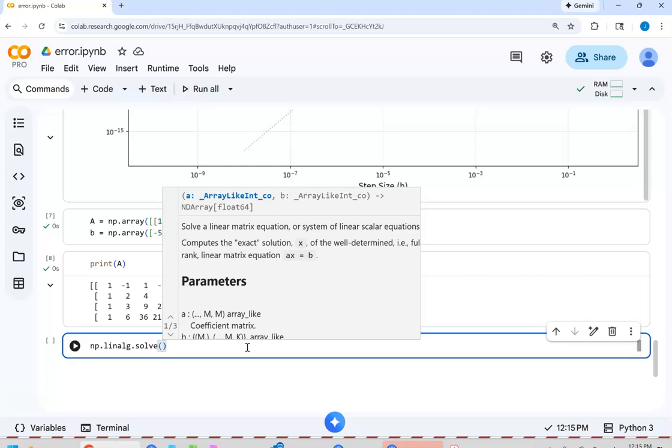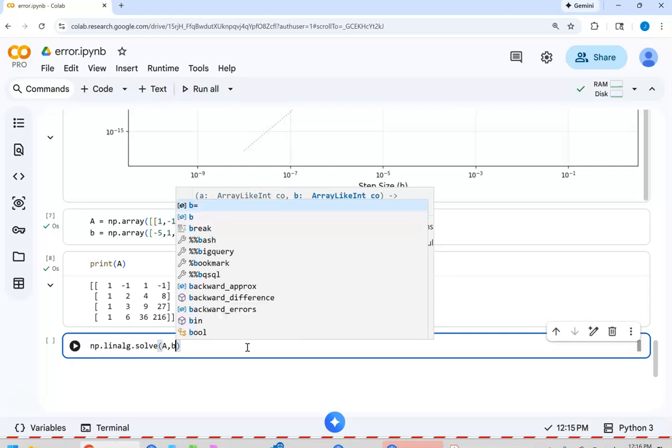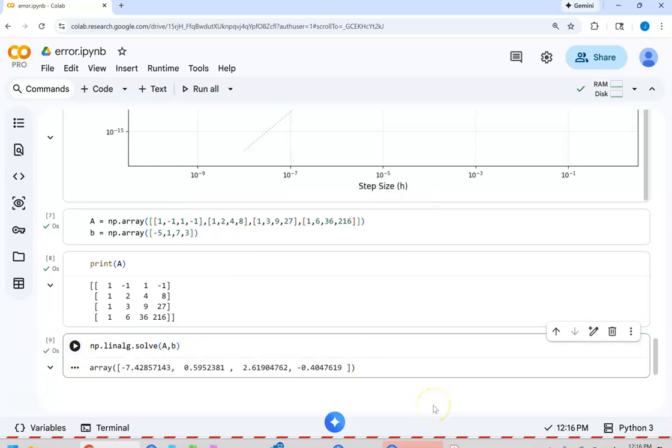The syntax is to put the coefficient matrix and then a comma and then your constant vector. So np.linalg.solve, coefficient matrix, comma, the vector on the right-hand side, and it should, if I've done this right, spit out your answers.